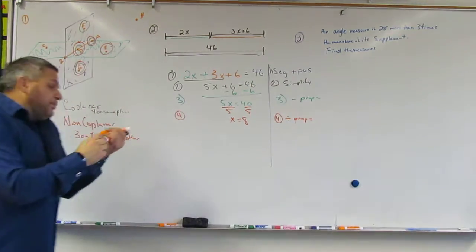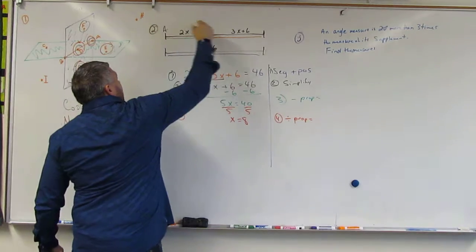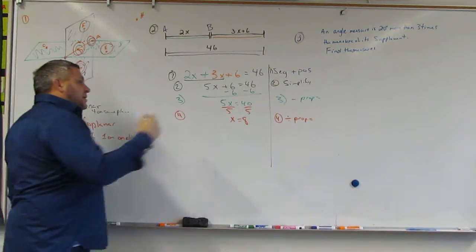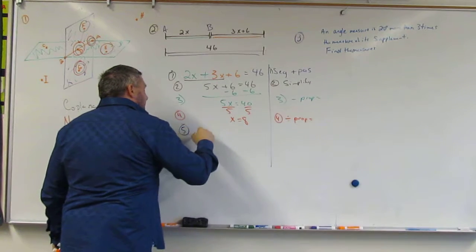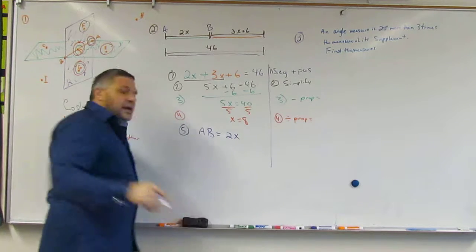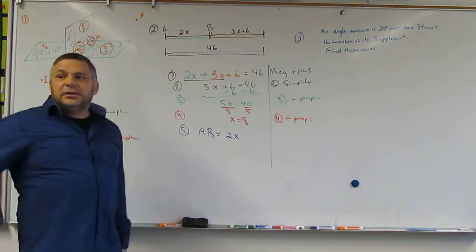All right. Now, if they ask you for AB, let's say that this is A and this is B, right? If they ask you for AB, then you have to state AB is equal to 2x. What is this? Given. Yes. This is huge.